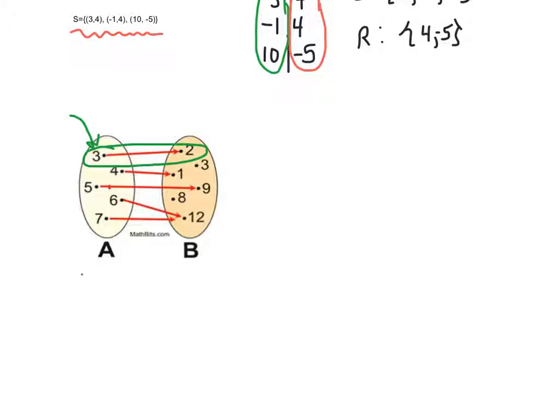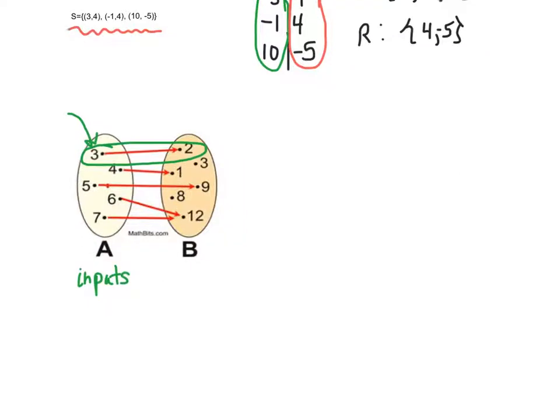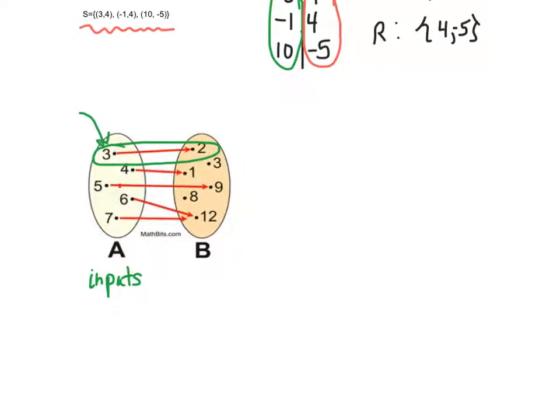Remember we said that the inputs are also considered the domain, and the outputs are considered the range. So in this case, set A is our inputs and set B is our outputs. So if I wanted to write what my domain is, it's just all the things in set A. So that's 3, 4, 5, 6, and 7.